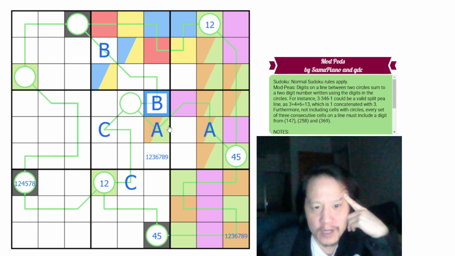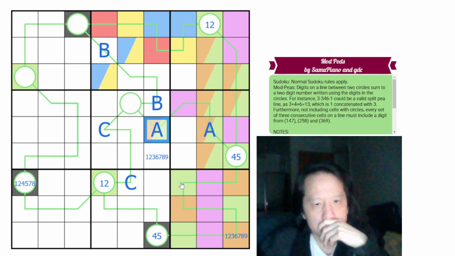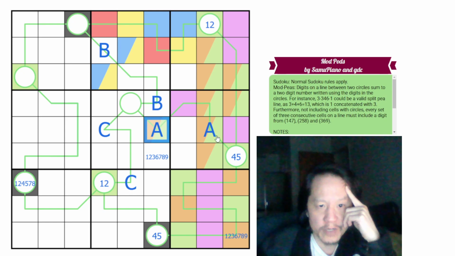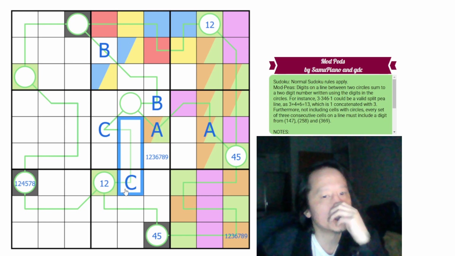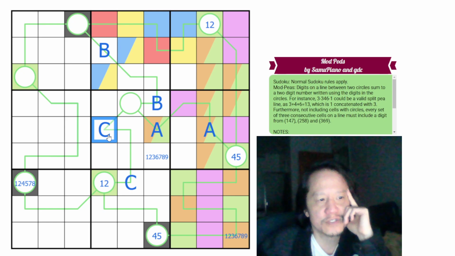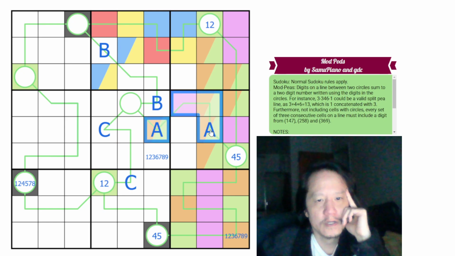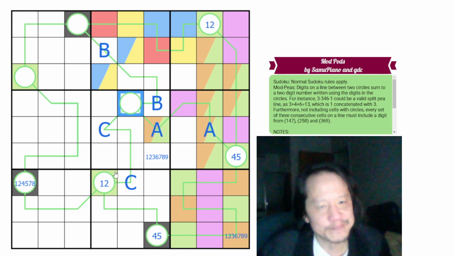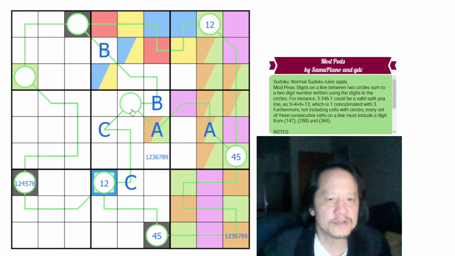Well, actually, B would not be. A and C would have to be 0 mod 3, because these three would add up to 0 mod 3. So yeah, everything I said previously was correct. It's just that I didn't take into account the sums, right?